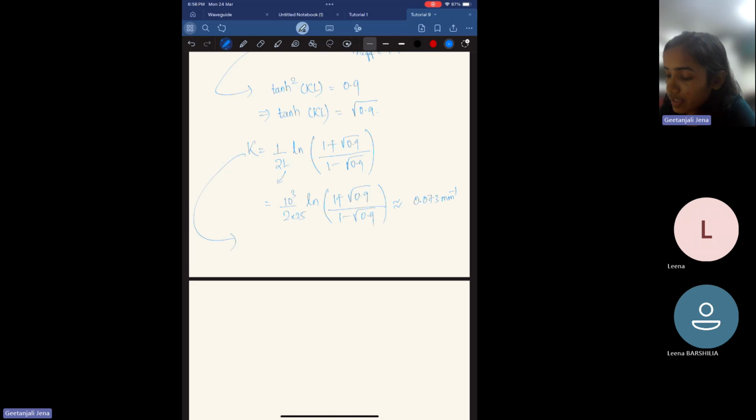So now we know kappa, that means we can equate it to pi delta n over lambda b, which is 0.073 millimeter inverse, which is 10 to the minus 3.